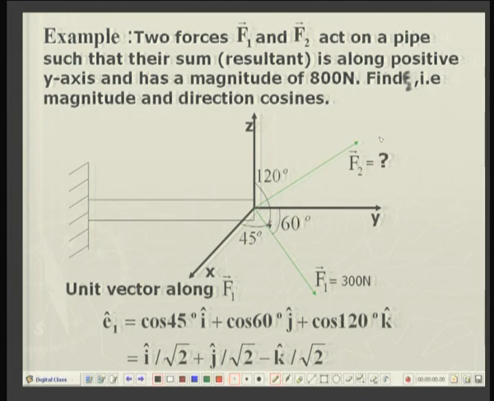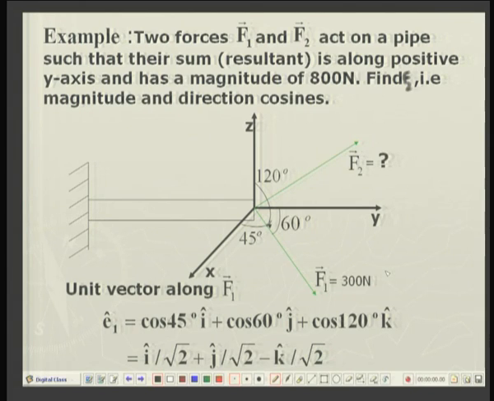To solve this problem, let us first find the unit vector along the direction of the force F1. Cosine of alpha is cosine 45 degrees, so it will be cosine 45 degrees i, cosine 60 degrees j, cosine 120 degrees k.